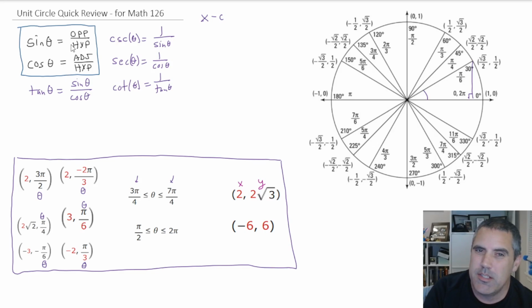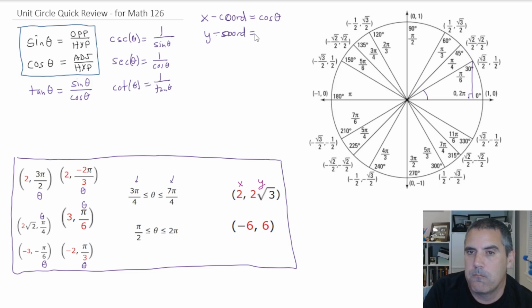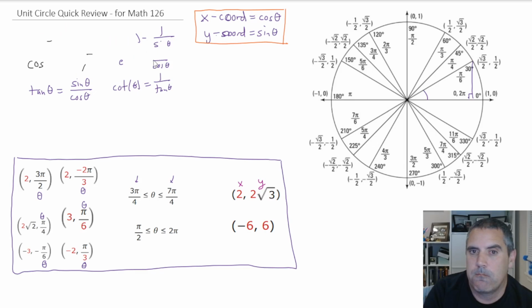By making the radius, the hypotenuse, 1, we make it so that the opposite and the adjacent are the values. So the key thing you need to know is that the x-coordinate is cosine of whatever that angle is, and the y-coordinate is sine of whatever that angle is on the unit circle. That gives you a visual way to remember everything. And then if you know those, you know all the rest.